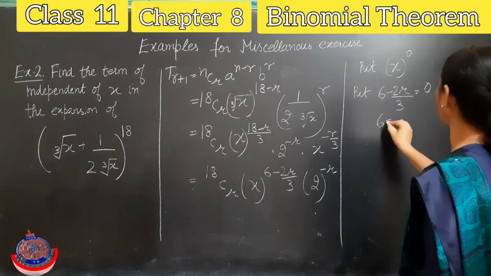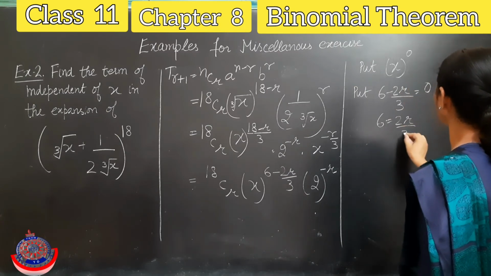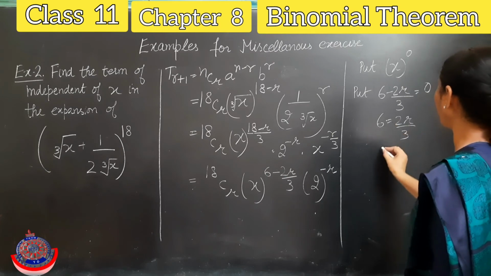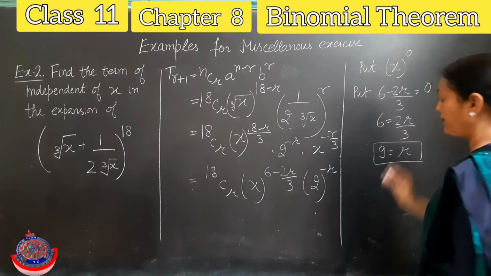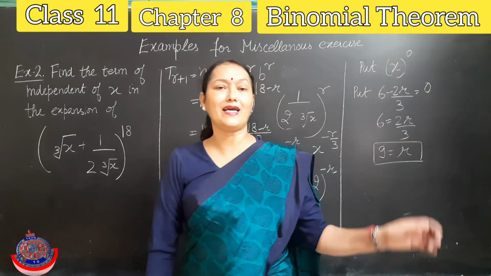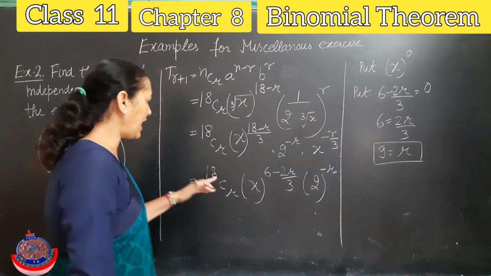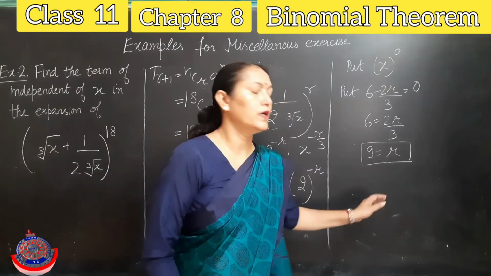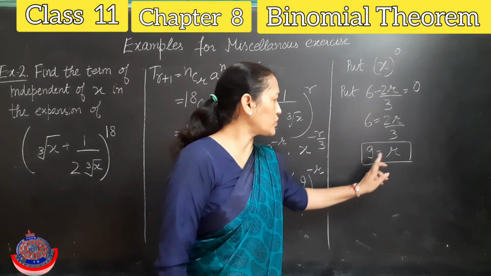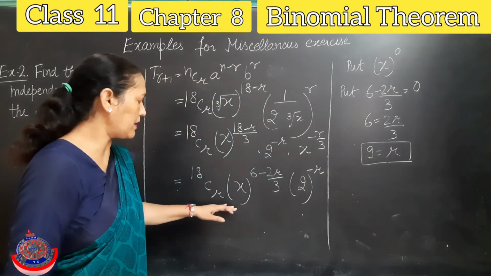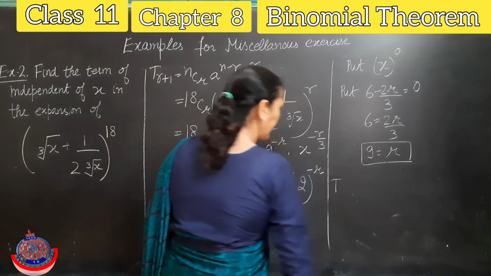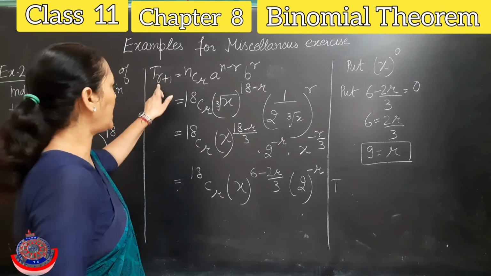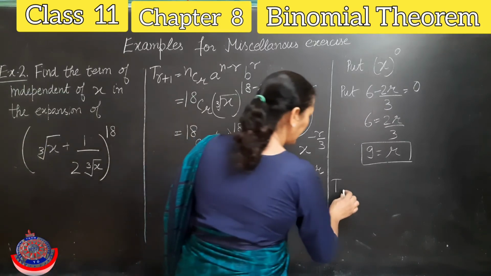So 6 equals 2r upon 3, and 18 divided by 2, 9. So what are we getting? We are getting that if we take r as 9, put r equals 9 in our general term. Now if we put r equals 9 in our r plus 1 term, we will be getting a term independent of x.